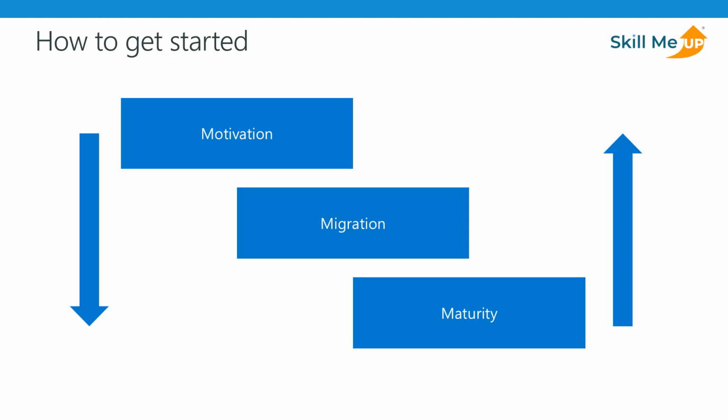But really, first and foremost, what you need to do is think about the motivations. And this is really where you define your strategy within the cloud adoption framework anyway. In the motivation, you think about what your requirements are, why you are motivated to go to the cloud, and then determine what your plan is and how you're going to ready yourself for the cloud as you build and then start to migrate.